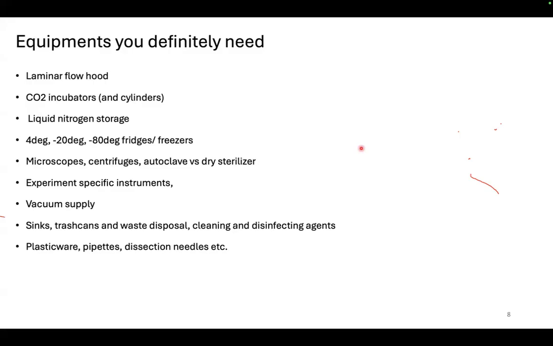So all of these things, would you want to have something that's your own in your labs, or would it be something available in a centralized facility? Experiment specific instruments, again, we'll not talk about them in detail, but would there be some sort of a rotating thing that you need because you'll be working where you need to mix tubes and liquids, right?